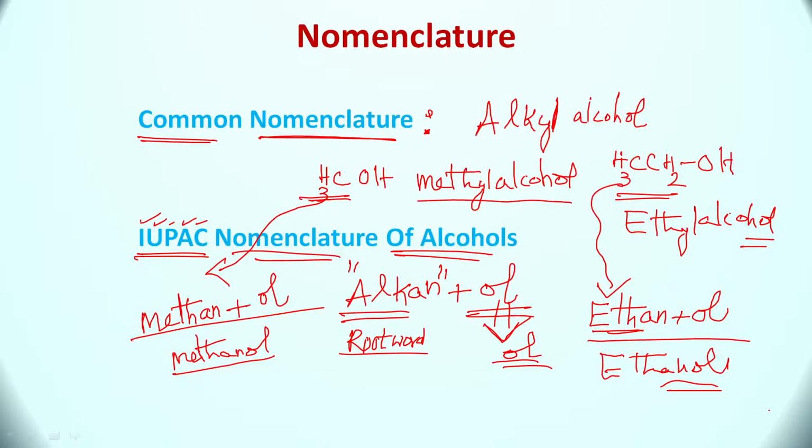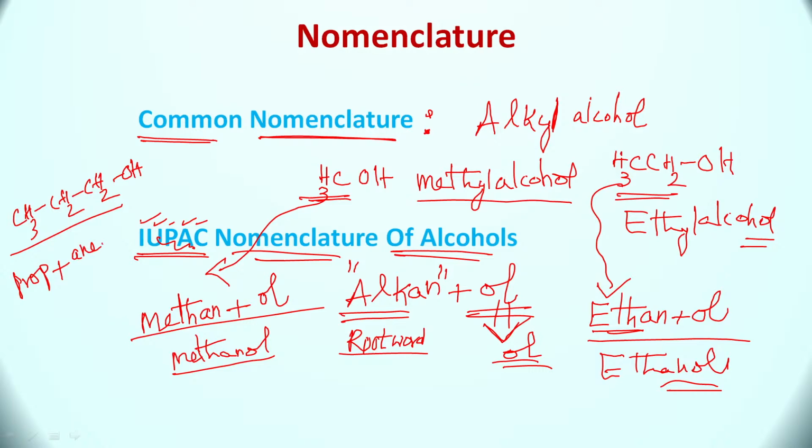So let us take three carbons containing CH3CH2CH2OH. Here how many carbons are there? Three carbons are there. So the root word is prop. It's an alkane, so the primary suffix is a.